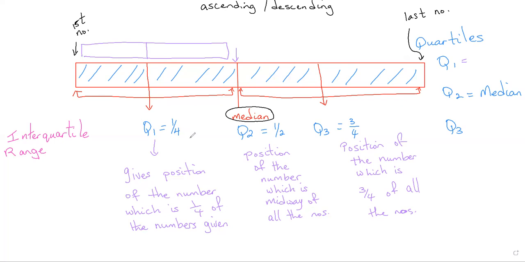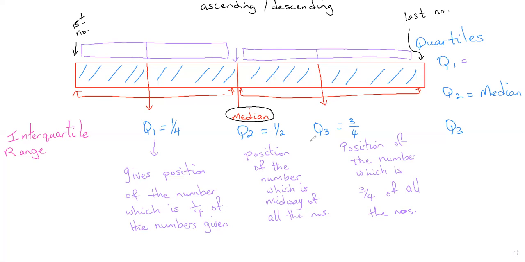Now let's say Q3. Q3 is where I look at all the numbers that are after the median to the last digit, and I find the number that is midway between that.